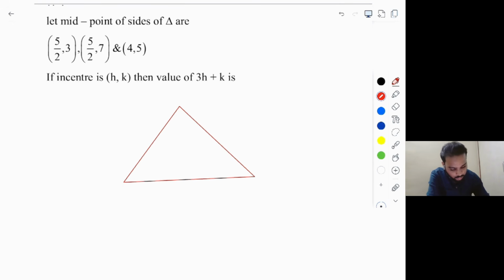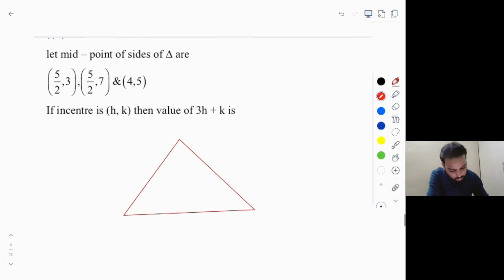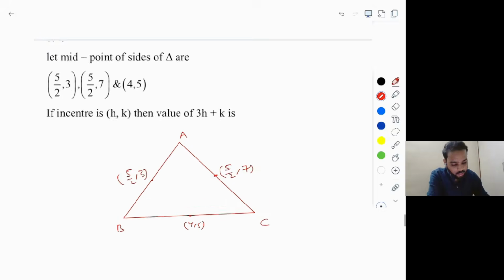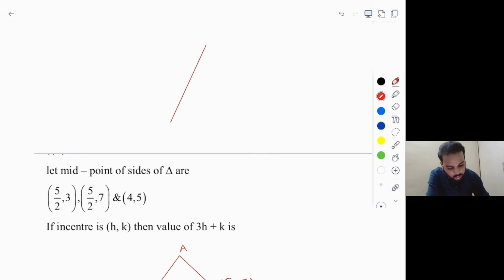triangle in this question. So midpoints are given to you. Let's take the midpoints like this. 5 by 2 comma 7 and 5 by 2 comma 3 and what is the one more point? 4 comma 5. Let's take the vertices as A, B, C. And what's our beautiful property that we have? Whenever we have a triangle whose midpoints are placed like this, x1 comma y1, x2 comma y2, x3 comma y3.